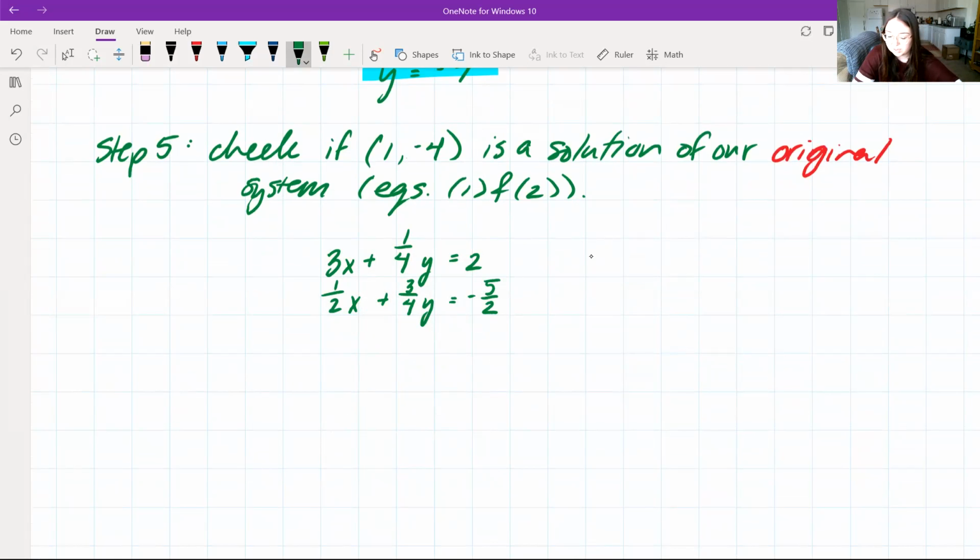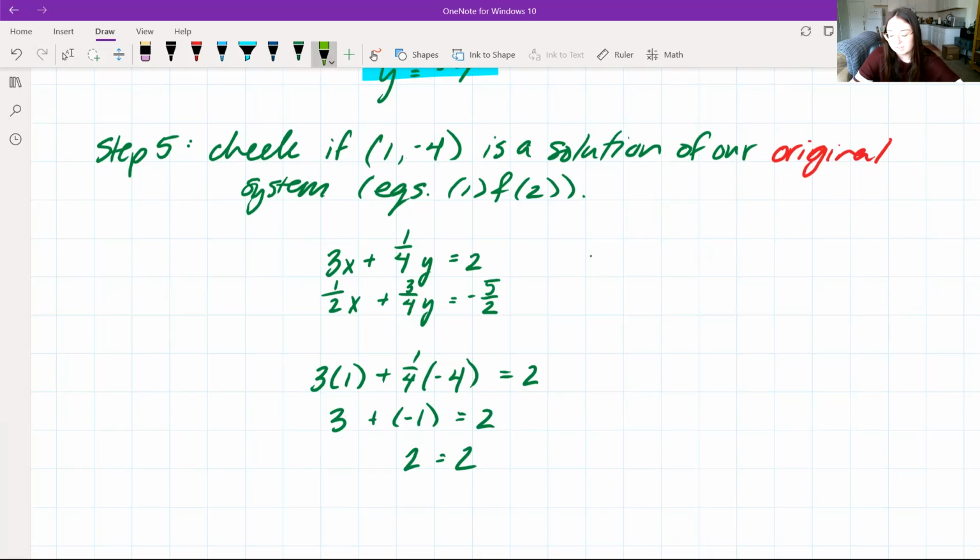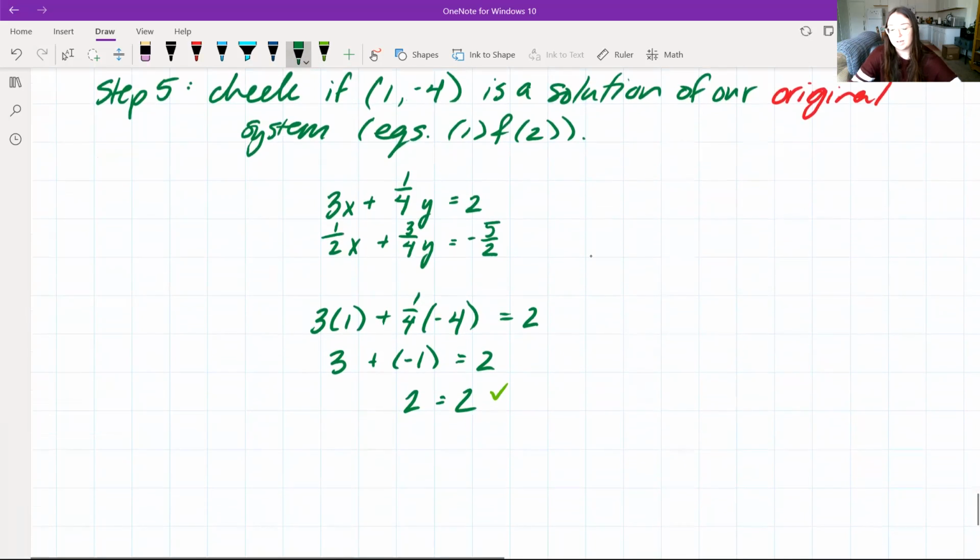So for equation 1, we're going to have 3 times 1 plus 1/4 times negative 4, which we're stating is equal to 2. 3 times 1 is going to be 3, and 1/4 times negative 4 is going to be negative 1. So 3 plus negative 1 is going to give us 2 is equal to 2. So 1 and negative 4 is a solution of our first equation.